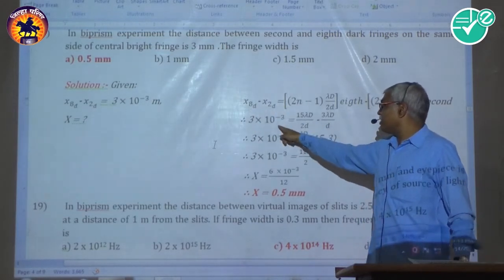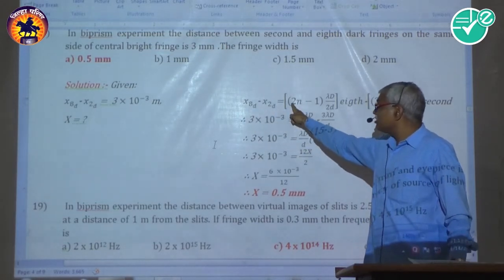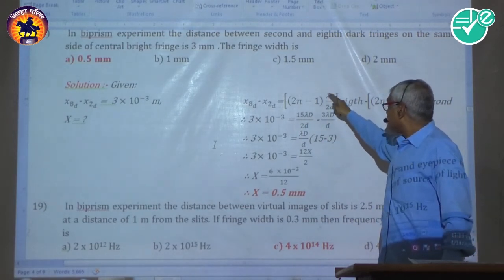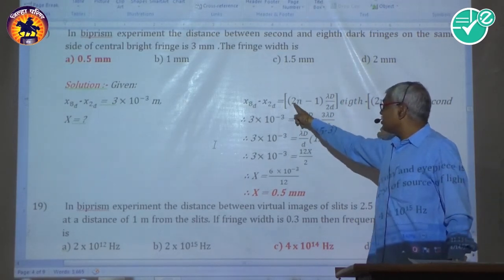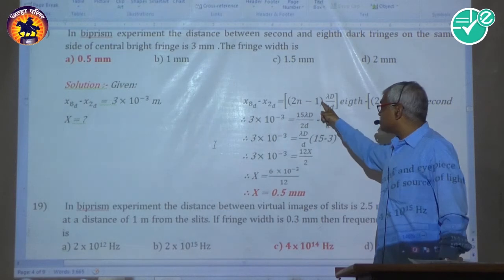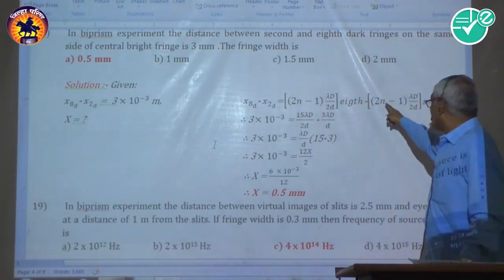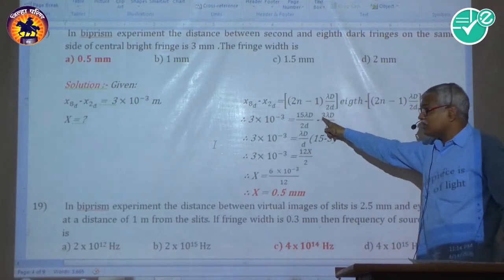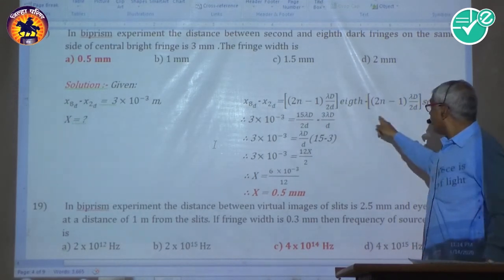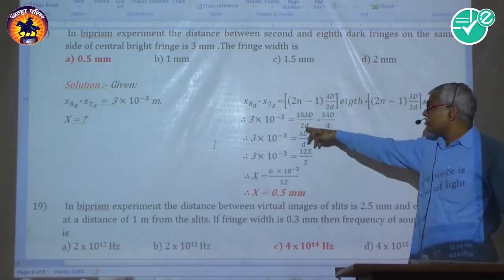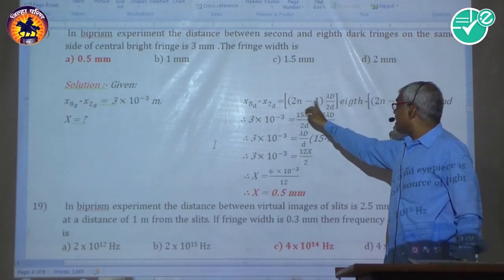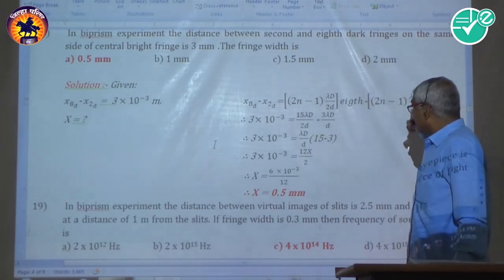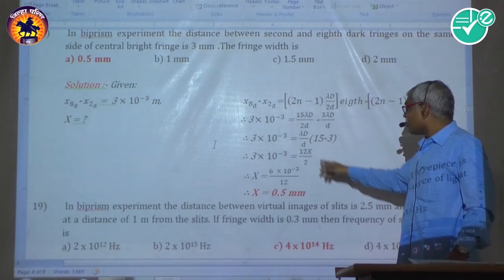3 into 10 to the power minus 3 is equal to (2 into 8 minus 1) lambda D upon 2d, that is 2 into 8, 16 minus 1, which is 15. Here, for the second dark fringe, 2 into 2 is 4, 4 minus 1 is 3. Lambda D upon 2d is common. Therefore, 15 lambda D divided by 2d minus 3 lambda D by 2d.